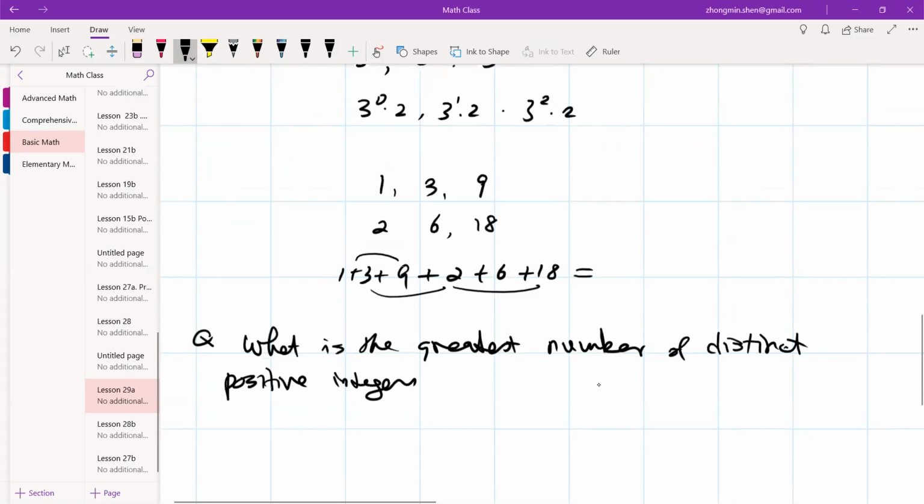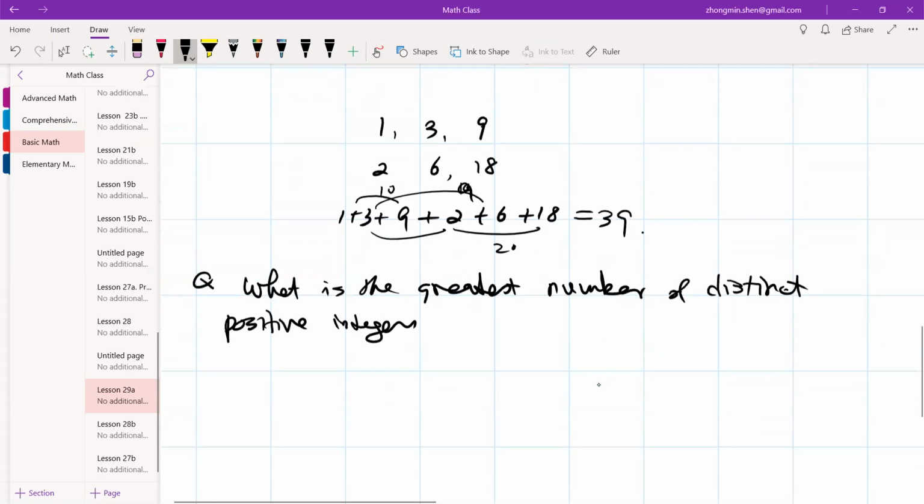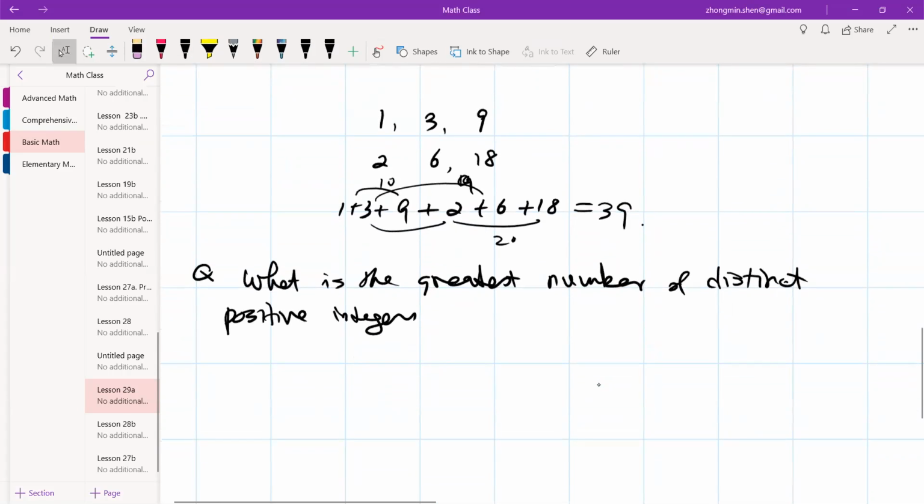Yeah, that'd be 10, and 2 times 18, that's 20, and that's going to be 9. So 10 plus 20, 30, is 39. That's correct.